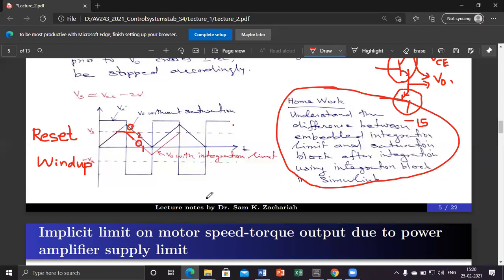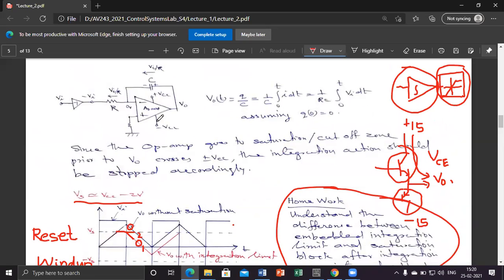See, offset means from the positive you are subtracting, and on the negative side it will be minus VCC and you are adding that. Here I am only talking about the positive side. Similarly, you have minus VCC, where minus VCC plus 2 volt will come. So that is minus 13 volt, so plus 13 to minus 13 volt. That's what I understand. Okay, sir. Okay, okay.